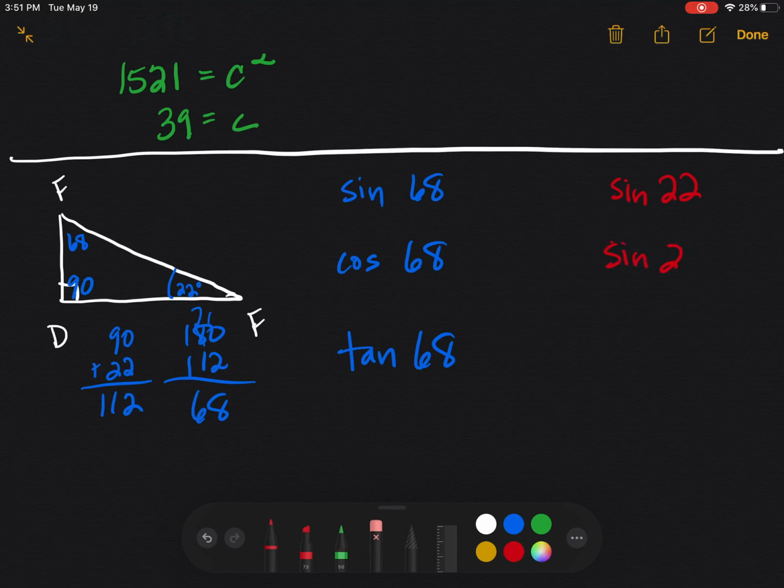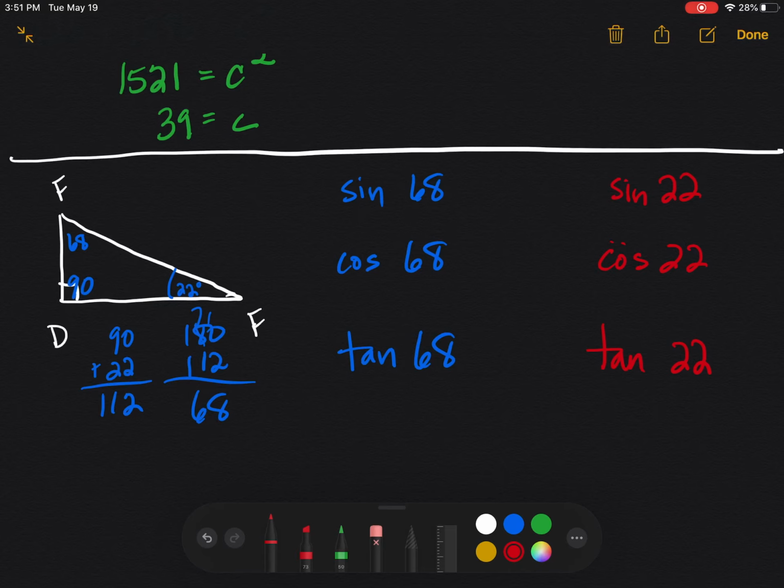Oops, that should be cosine, shouldn't it? Cosine of 22, and tangent of 22. Now, because I don't know the sides, I can't do the ratios without knowing the sides. So when you don't know the sides, but you know the angle, you do have to use a calculator.